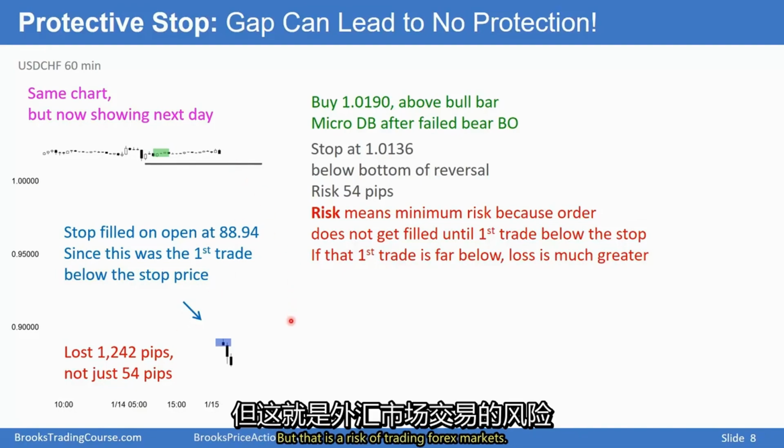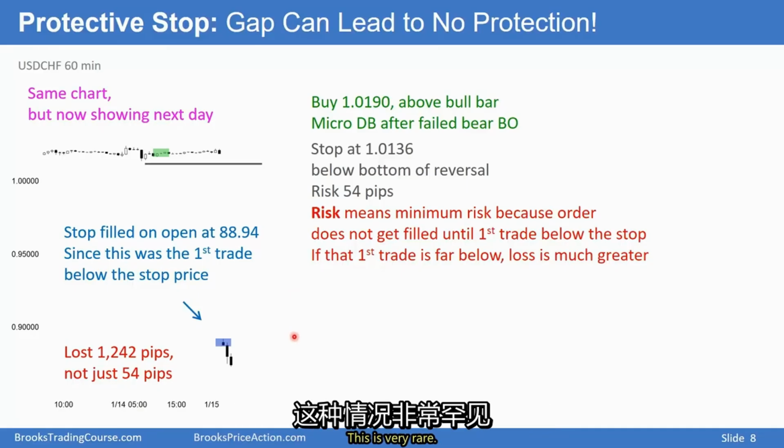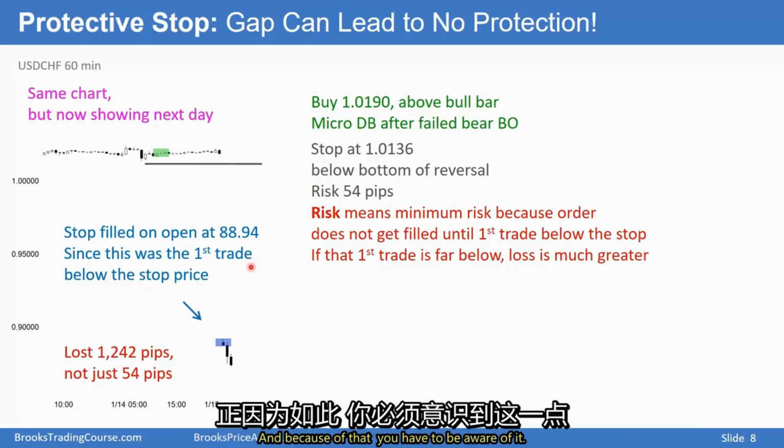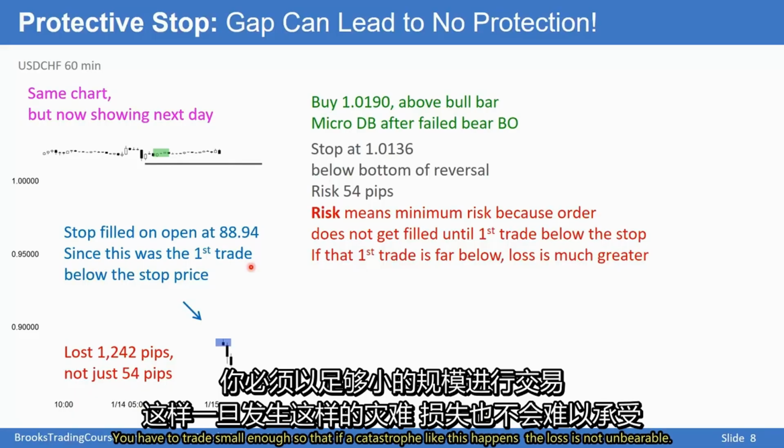But that is a risk of trading Forex markets. This is very rare. This is the kind of thing you see once every 10 or 20 years. But it does happen, and because of that, you have to be aware of it. You have to trade small enough so that if a catastrophe like this happens, the loss is not unbearable.